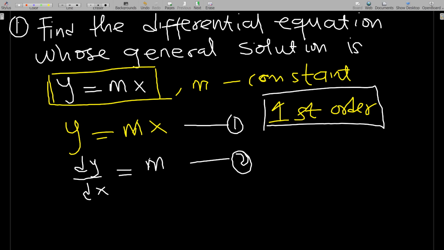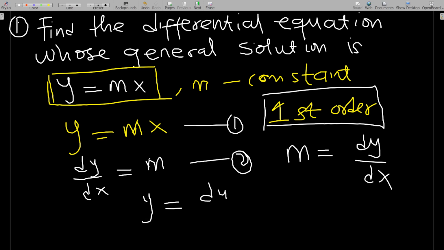From equation 2, m is simply equal to dy/dx. Go back to equation 1 and put dy/dx in place of m. In equation 1, y equals mx, so with m equal to dy/dx, I have y equals x dy/dx, and this is a differential equation.